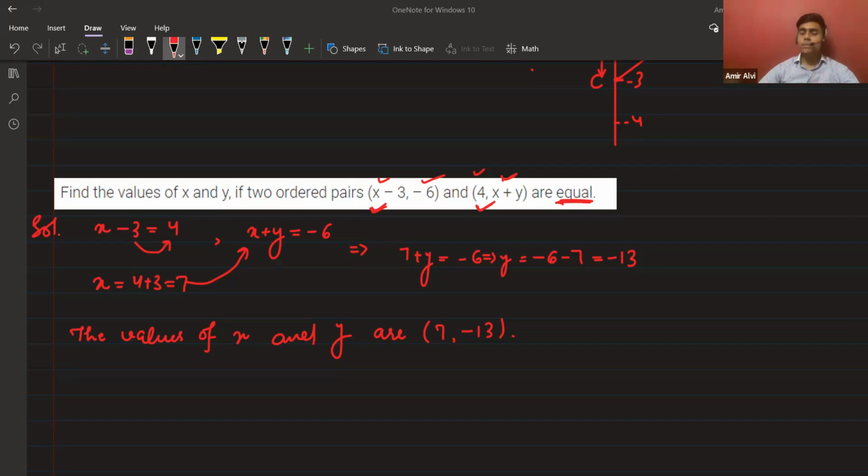So you can take some questions from RD Sharma. Take one chapter of coordinate geometry, suppose tomorrow. Solve coordinate geometry questions first from NCERT examples and NCERT questions, and then RD Sharma.